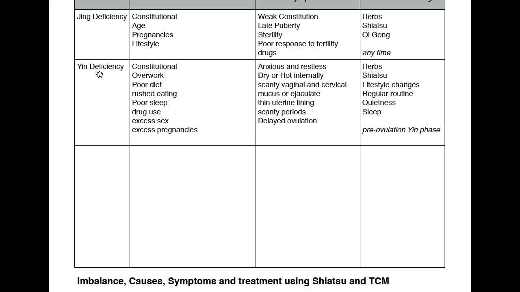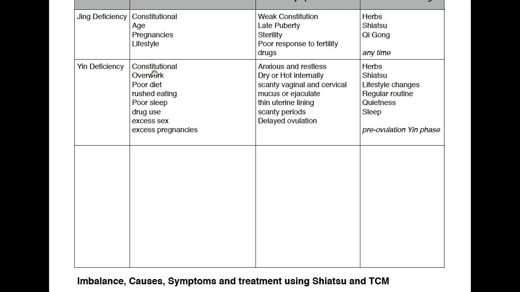Now, the yin deficiency is difficult to treat, so this can be a real issue with women and men who want to conceive because they're often leaving it late in life, they're impatient, and that's very difficult because the yin deficiency takes time to treat.